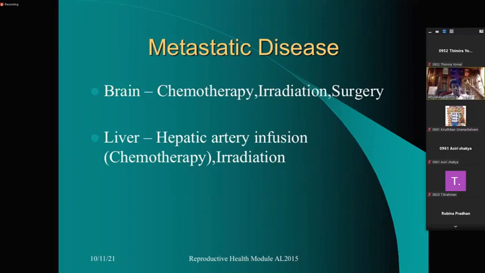And I told you at the beginning, the other two rare conditions, the placental-site trophoblastic tumor and the epithelioid trophoblastic tumor, are usually less sensitive to the chemotherapy that we use for choriocarcinoma. So they are localized ones.